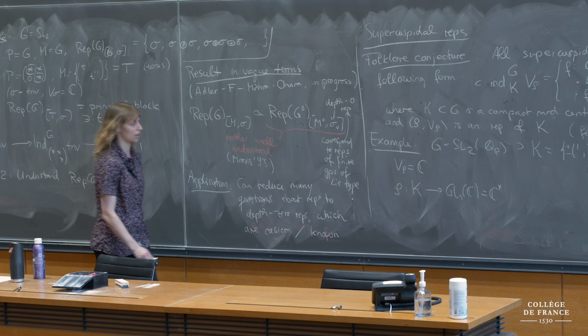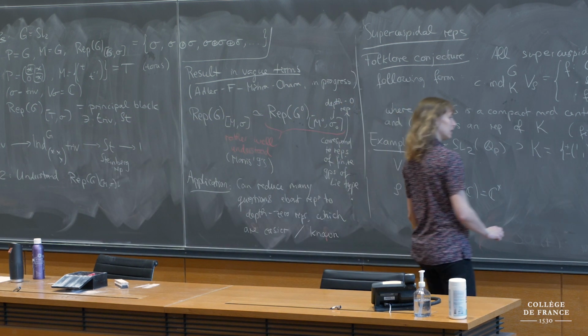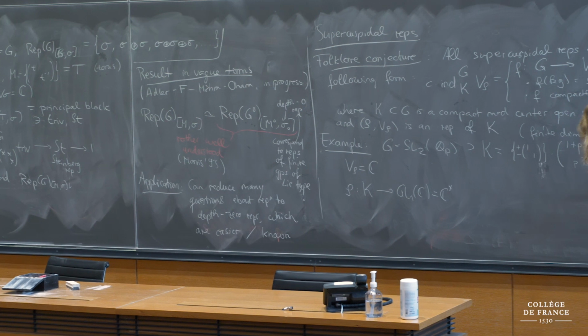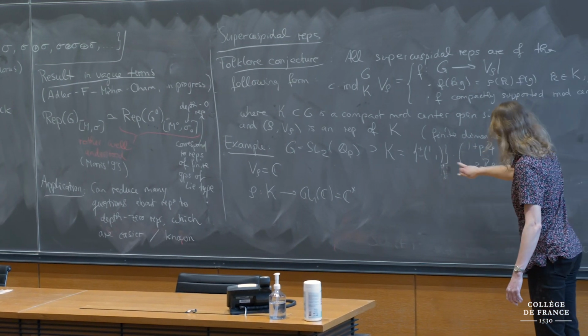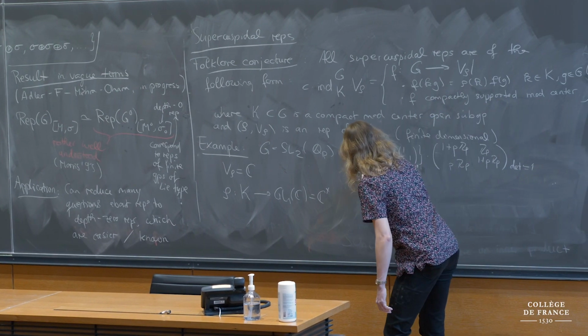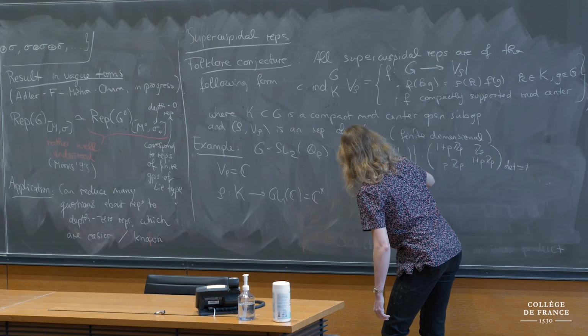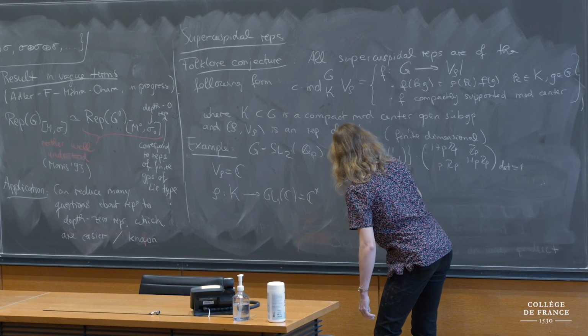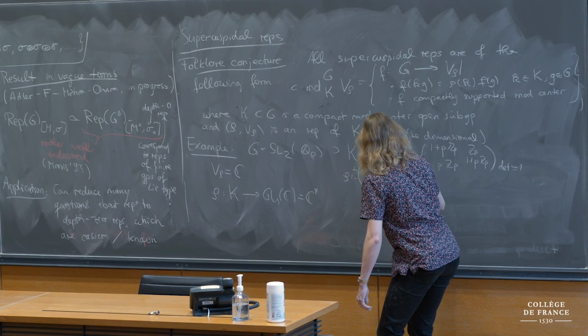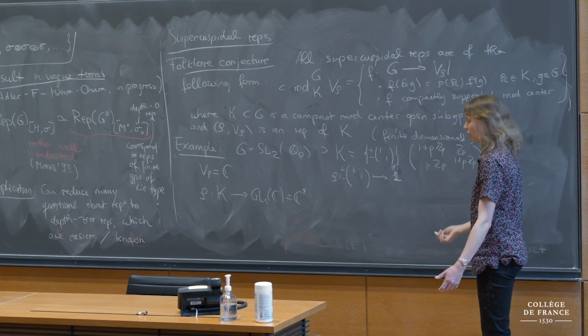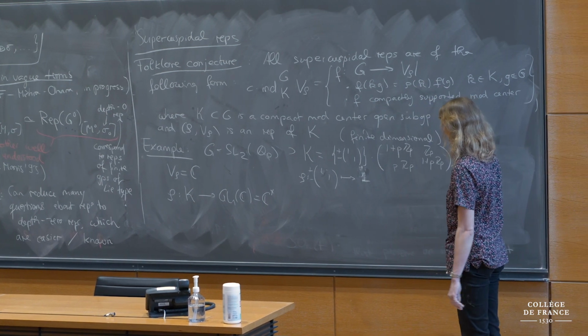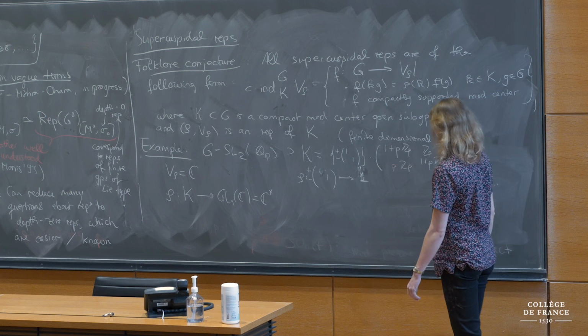So how is this rho constructed? We have to construct something on these two pieces. Let's say rho takes plus or minus the identity and just sends it to 1 inside C star. So just the trivial representation, nothing interesting, because I don't really care about the center right now.